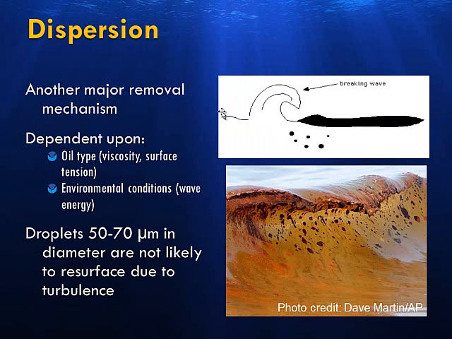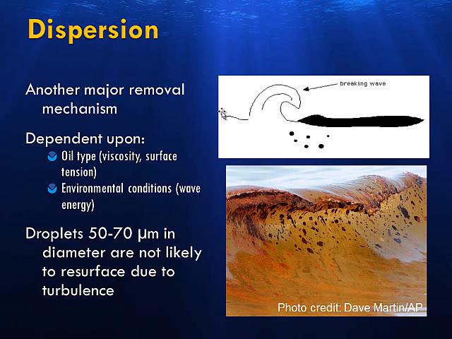Okay, dispersion. This is physical dispersion. This is another loss mechanism for surface oil. It's based on the oil type, its viscosity, and the environmental conditions, particularly turbulence, like wave action, for instance. Larger droplets will get torn away from the surface, based on wave action, and they will tumble in the water column, and if they're large enough, they're going to float back up to the surface and be coalesced into a slick.